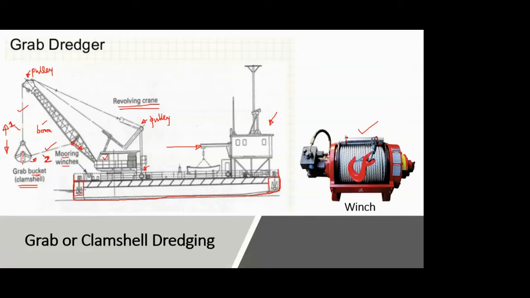A winch is nothing but a heavy strength rope which is wound onto a roller, and it is unwound using an electrical operator which is over here. So it is wound and unwound using that. It has nothing to do with the actual dredging, apart from the fact that it anchors your barge. It was mentioned over here as mooring winch in this figure, so that's why I showed you this. So this is your grab dredger.